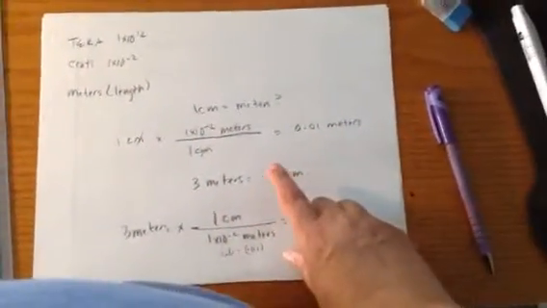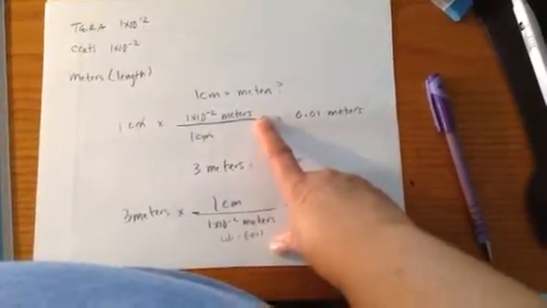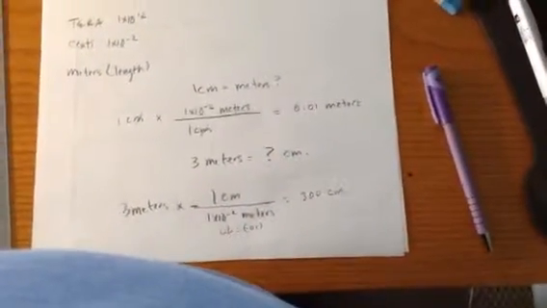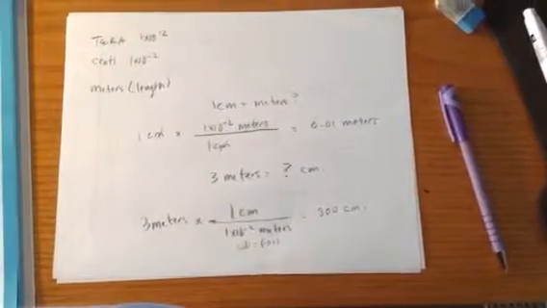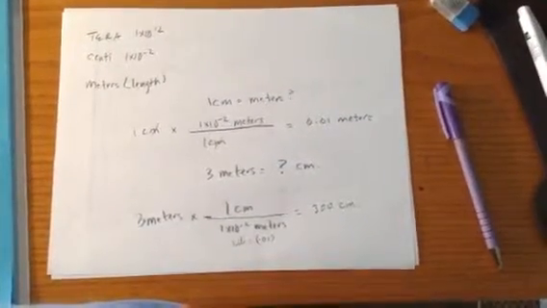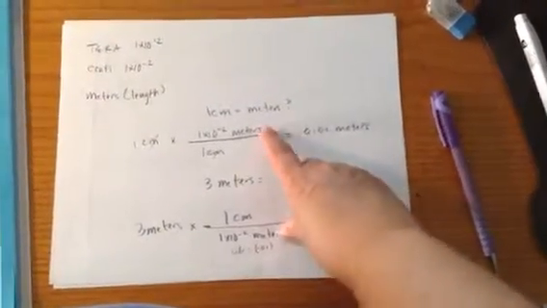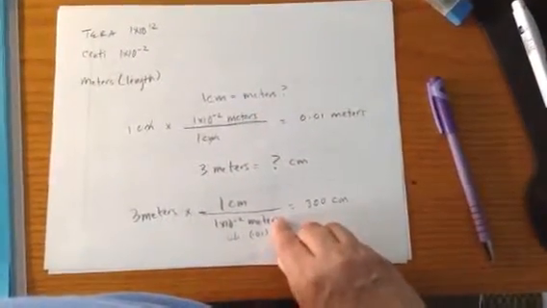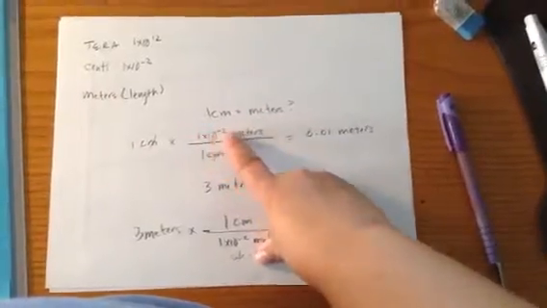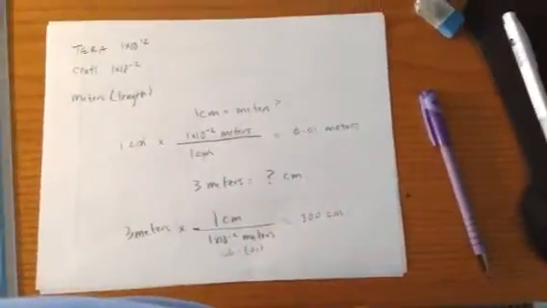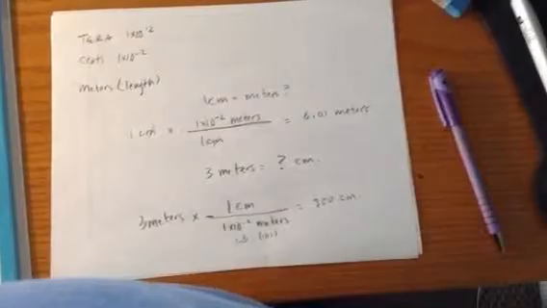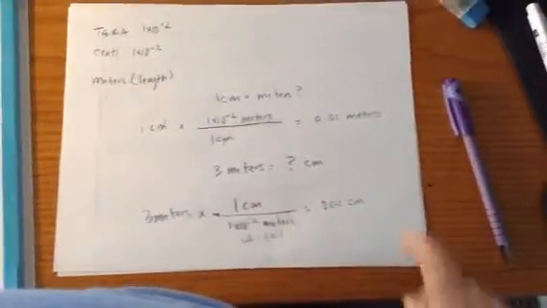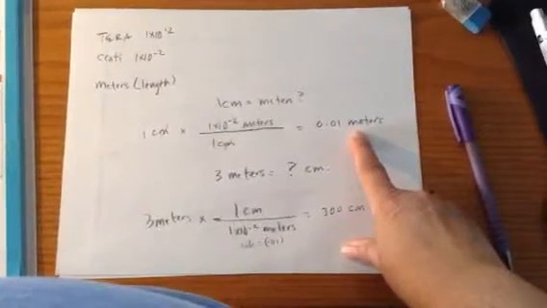When you convert this way, using what I call dimensional analysis, the prefix, the 1 times 10 to the minus 2, always goes on the meters. So you put 1 centimeter, and then 1 times 10 to the minus 2. When you multiply all that out, it equals 0.01 meters.